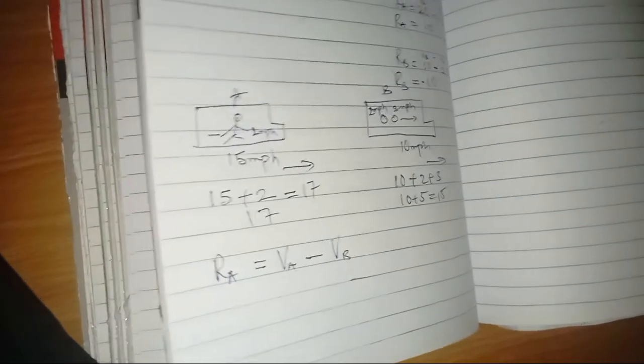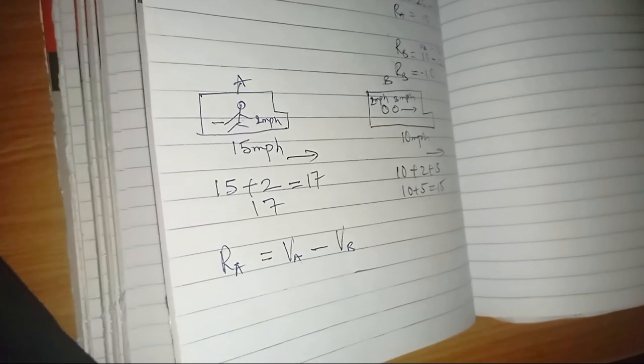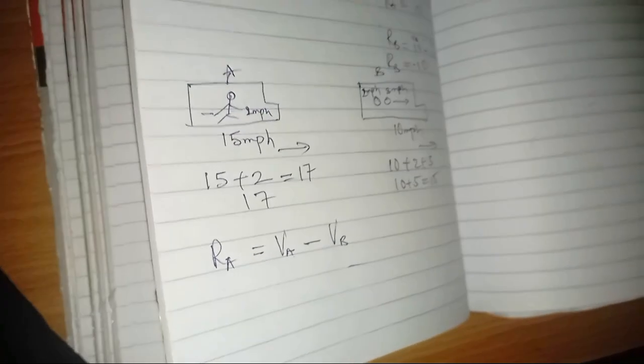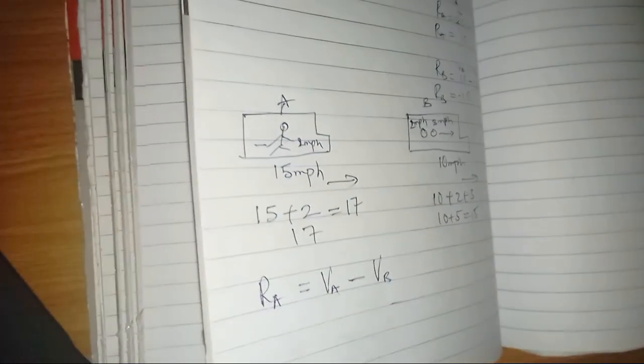So that is what relative velocity means. Relative velocity simply means what another person sees when they look at you moving. That's just what I'm trying to point out.